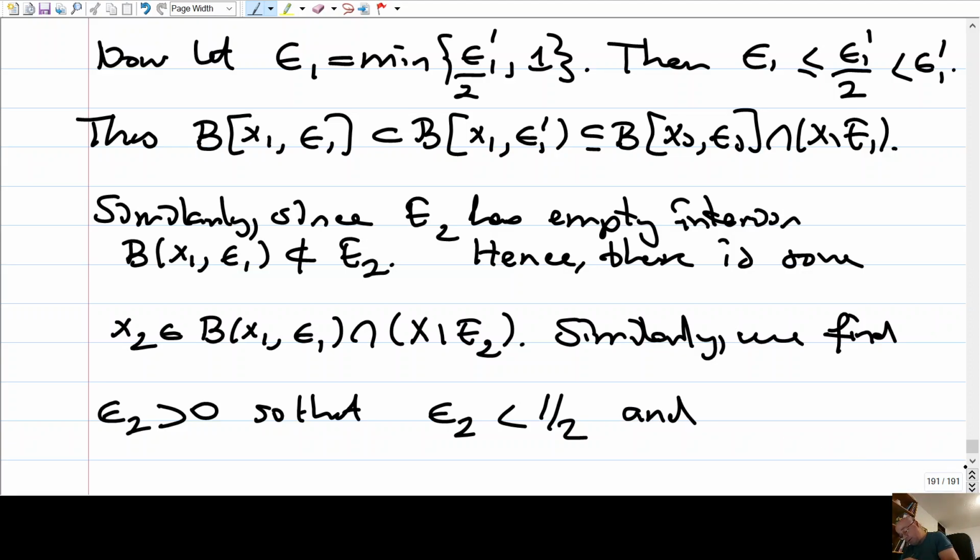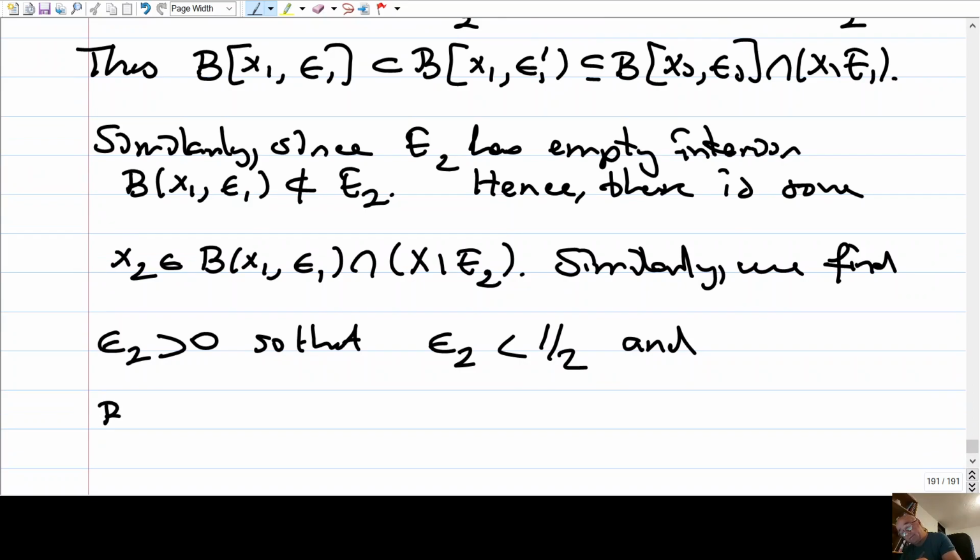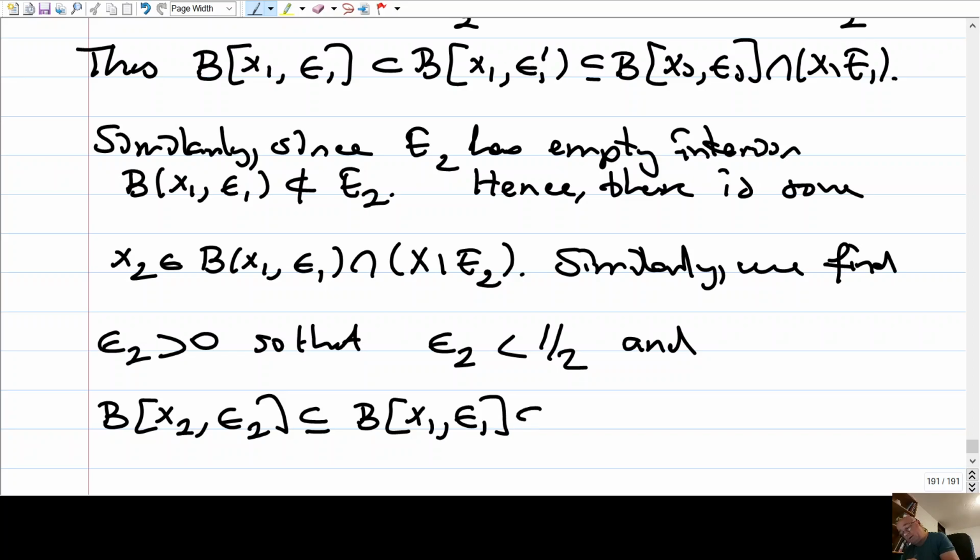And I will have this ball B(x2, epsilon 2) lie inside B(x1, epsilon 1), and this lies inside.